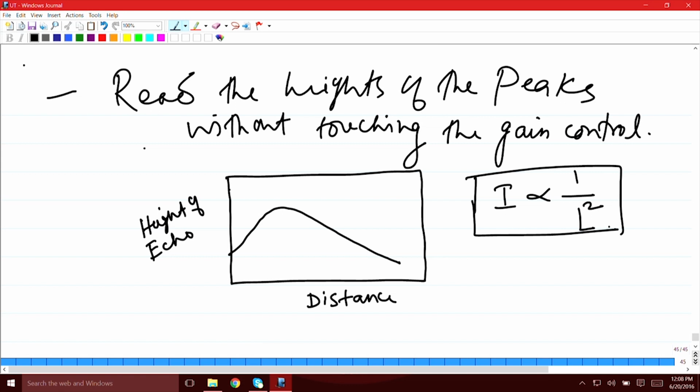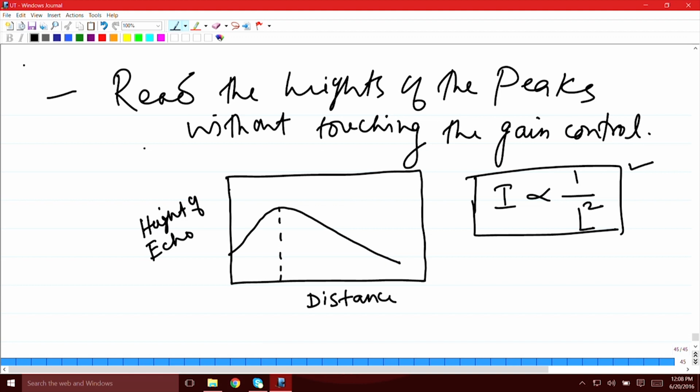But in this case you could see first it is increasing, then going to a peak, and after that it is decreasing. Okay. So, up to this point it is not really following this particular relationship, only beyond this point it is following that relationship and decreasing.